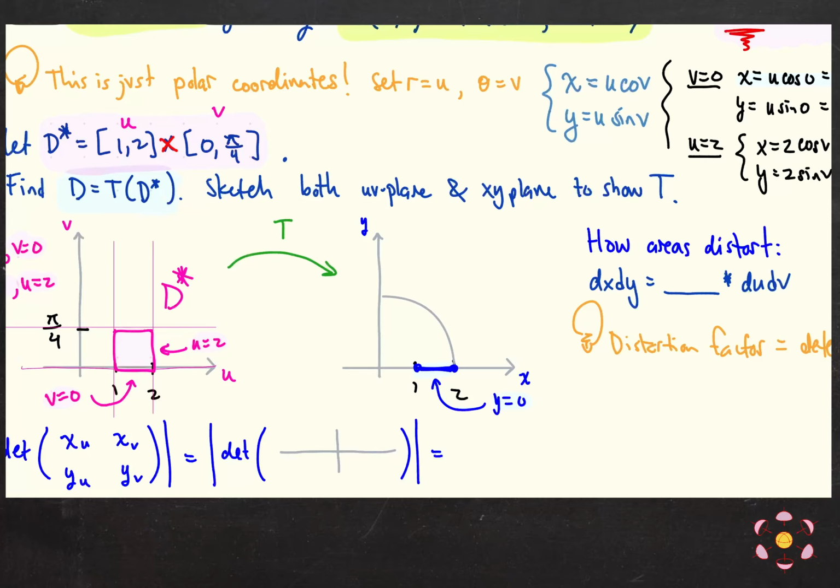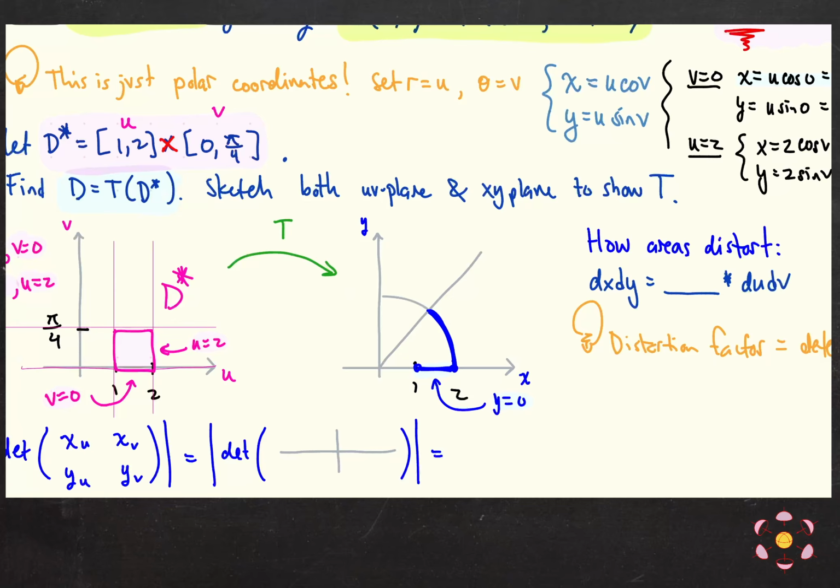Radius 2. And I'm only going to draw the curve. There's pi over 4 to help me here. So I'm going to draw this arc right here.